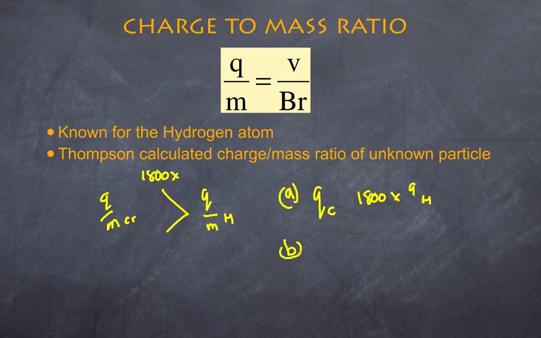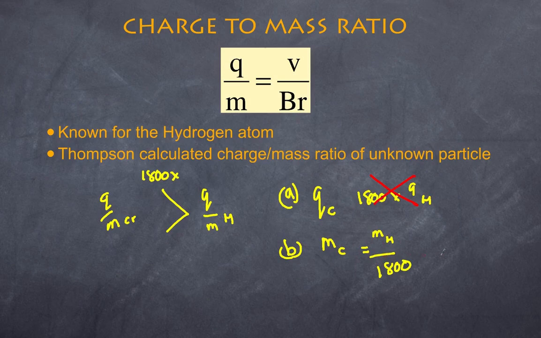The other option is that the mass of my cathode ray is 1800 times smaller than the mass of the hydrogen. Now clearly, the fact that the cathode ray could not be deflected by electric fields suggests clearly that the charge is not 1800 times larger than the charge of the hydrogen atom. So the only possible solution is that the mass is 1800 times smaller.